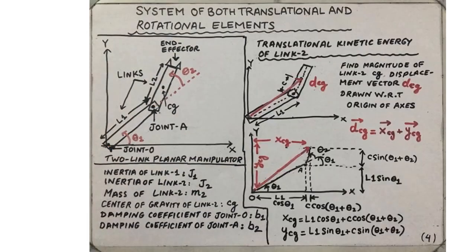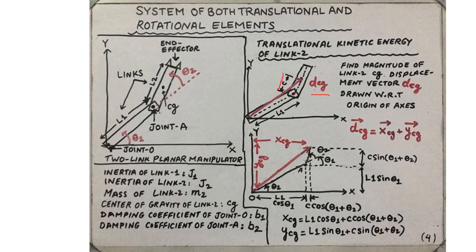In order to formally calculate the translational kinetic energy of link 2, it is important to define a position vector for the center of gravity of link 2. Call that dCg, or d subscript Cg. Note that the straight line distance from the tip of link 1, that is joint A, to the center of gravity is c.